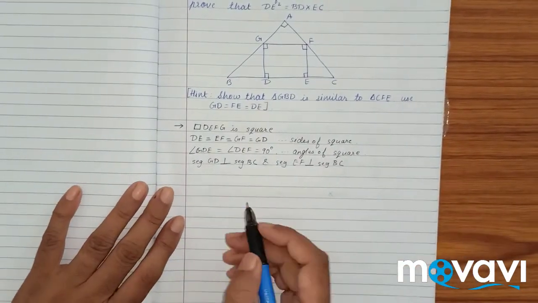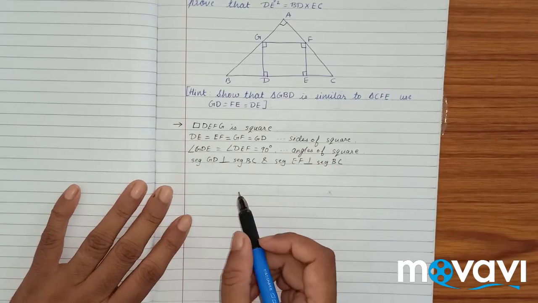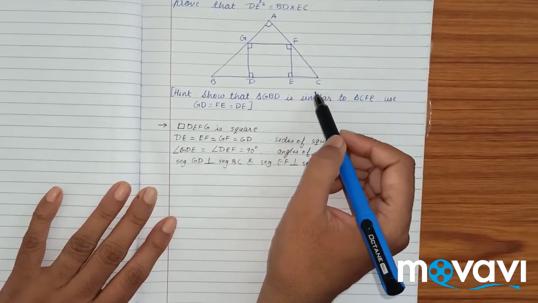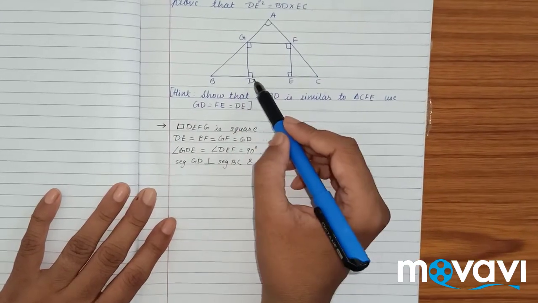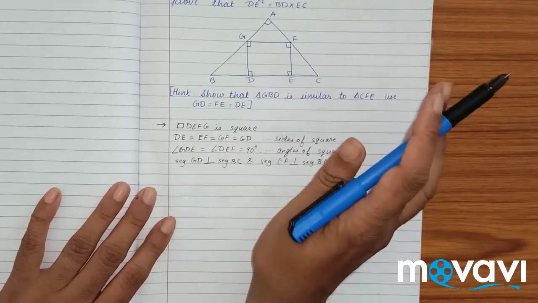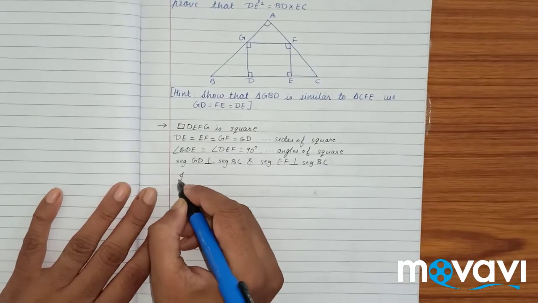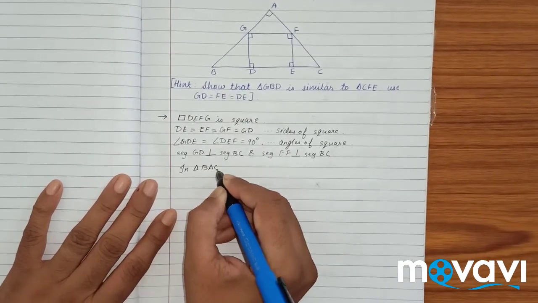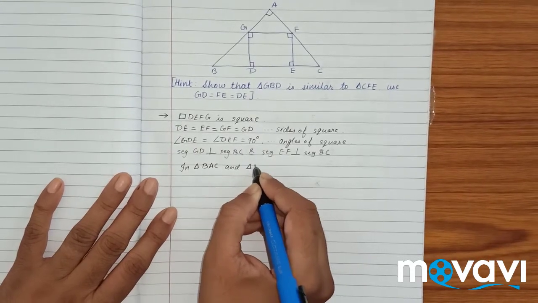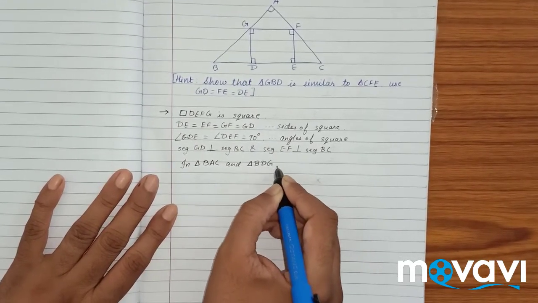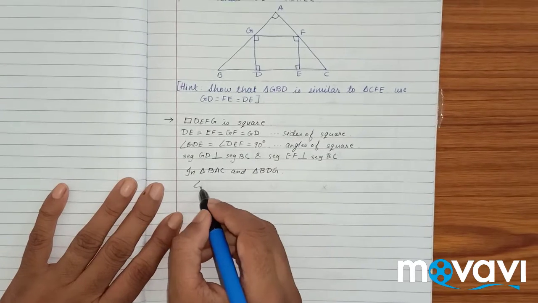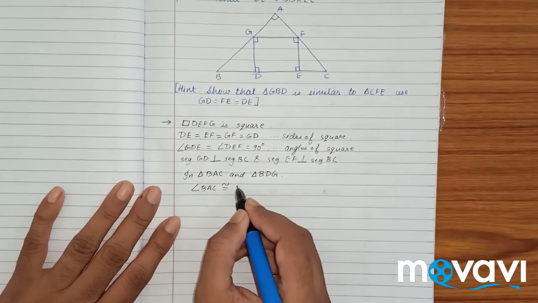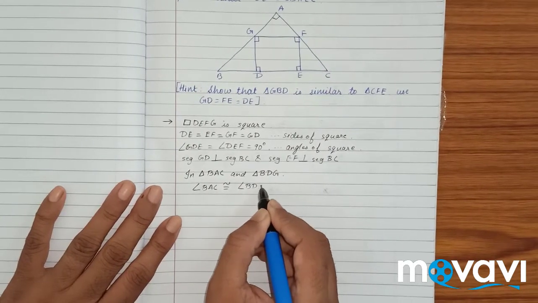Now let us consider two triangles. One is triangle BAC and the other is triangle BDG. In triangle BAC and triangle BDG, angle BAC is congruent to angle BDG.